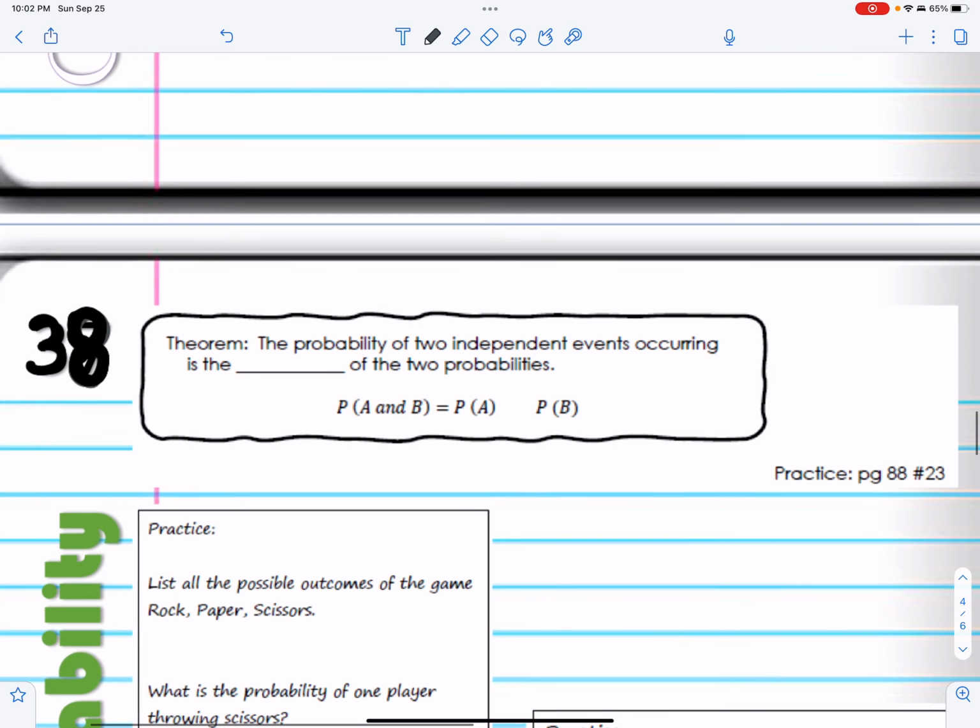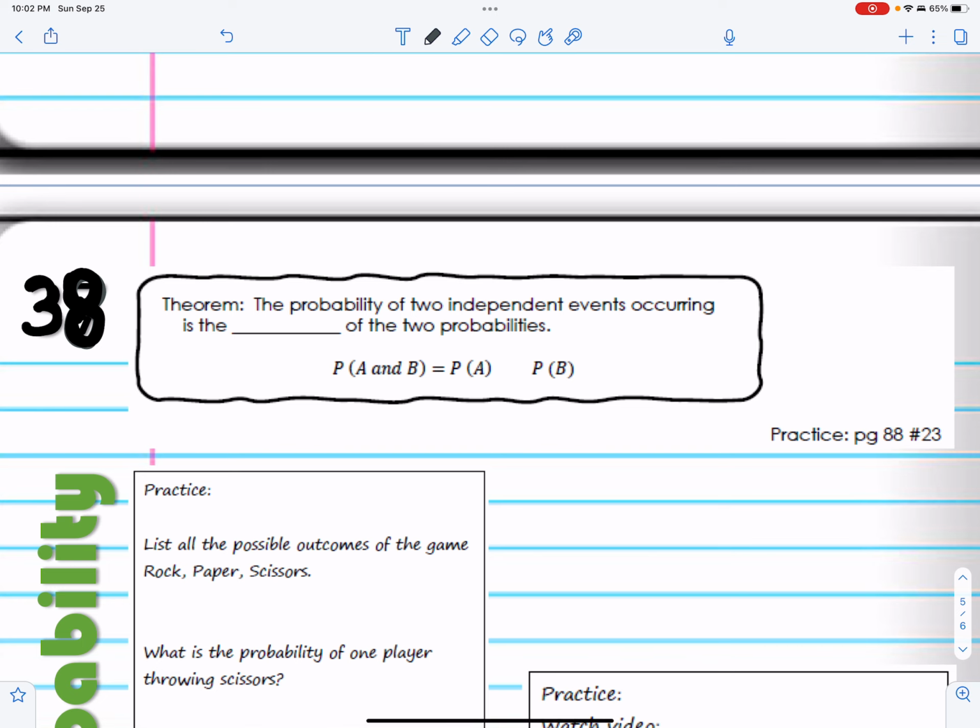And then the last theorem we have: the probability of 2 independent events occurring is going to be the product of the 2 probabilities. And so it's going to be probability of A times probability of B. Now, your key here is this word and.